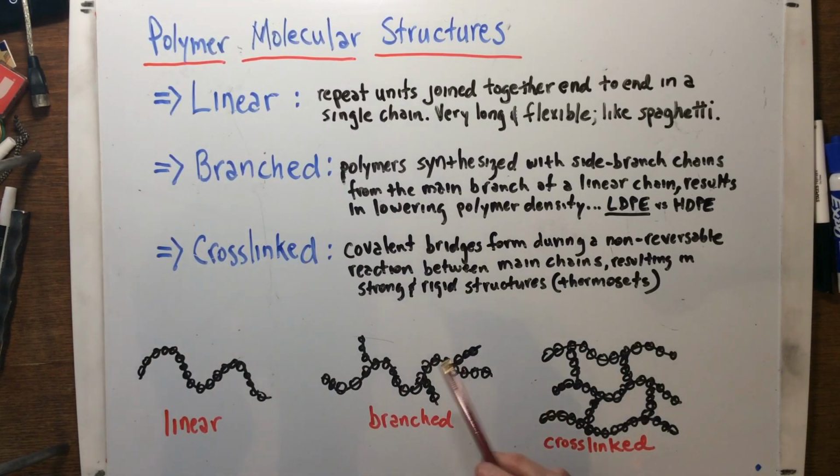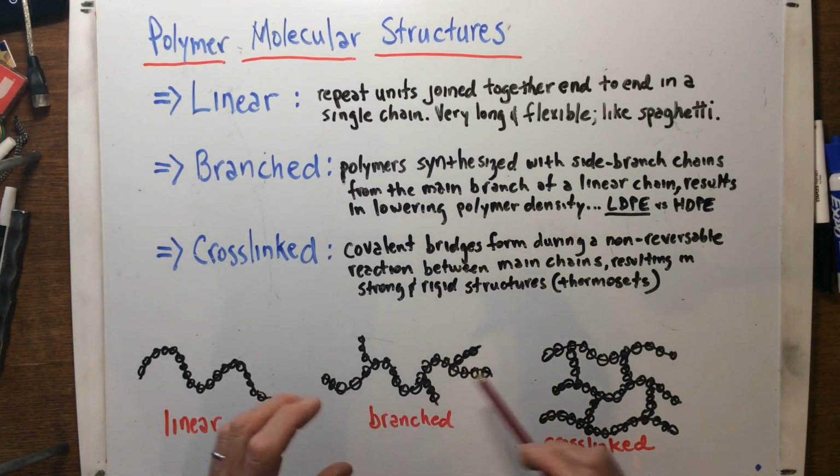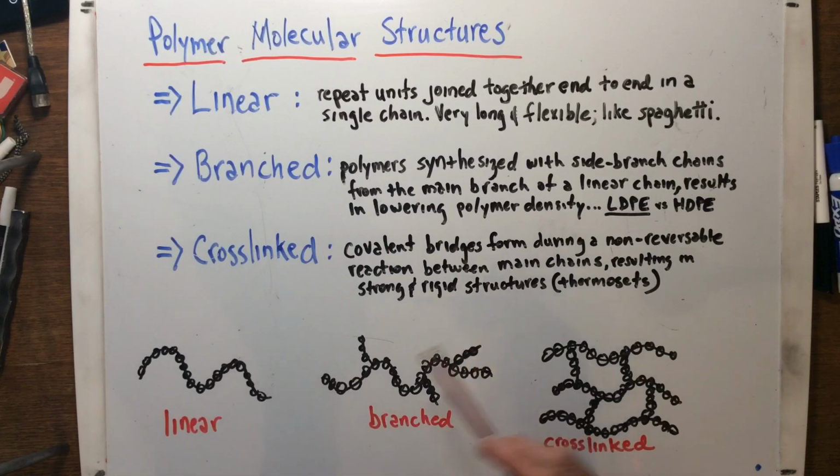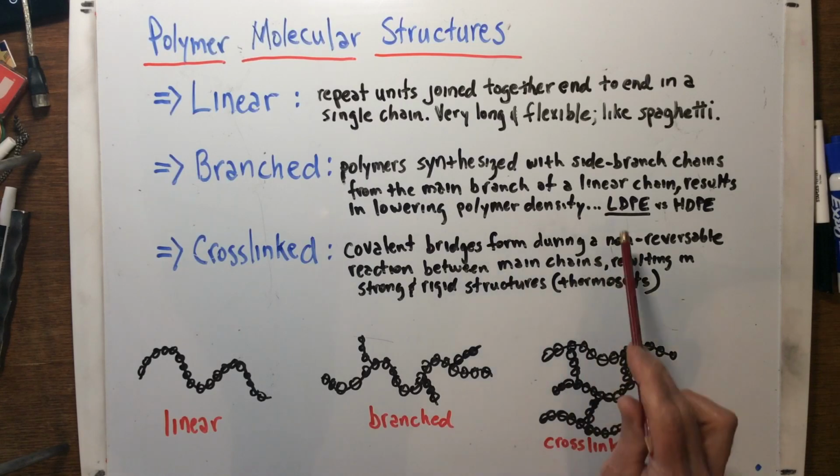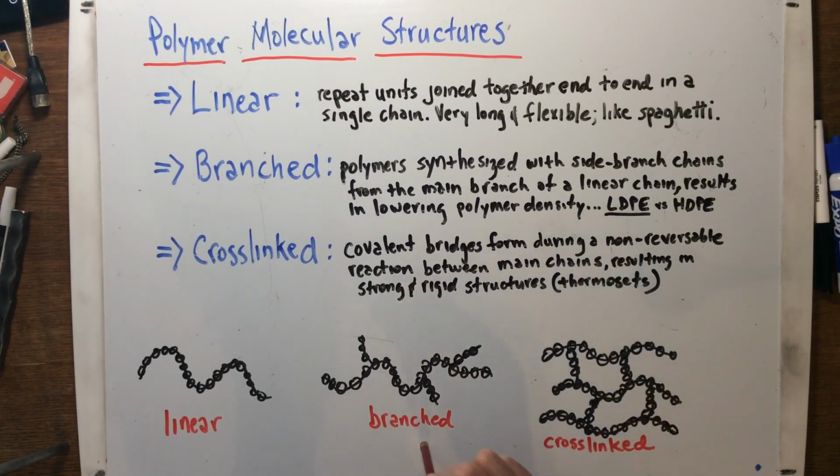You can't stack a bunch of tree limbs with a bunch of little branches everywhere. So it results in a lowering of the polymer's density. The perfect example is that low density polyethylene has the branches, whereas the high density polyethylene does not. It's strictly a linear structured polymer.